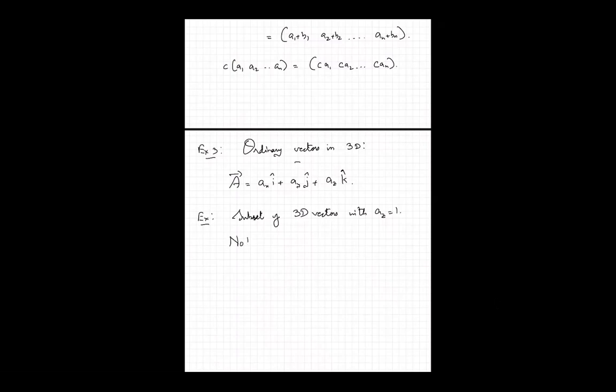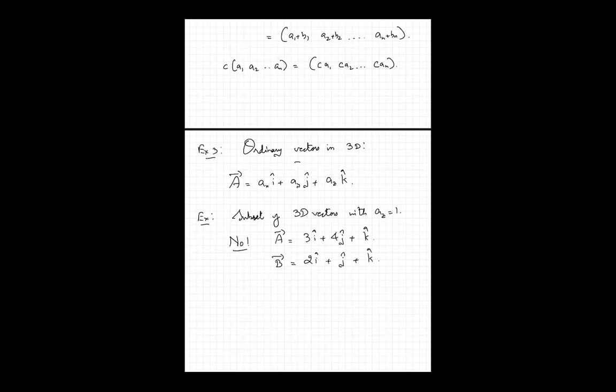No. Why? Because if I take two such vectors, for example, let us say a equals 3i plus 4j plus k, and suppose you have another vector b which is 2i plus j plus k. Remember that the z component is just 1.